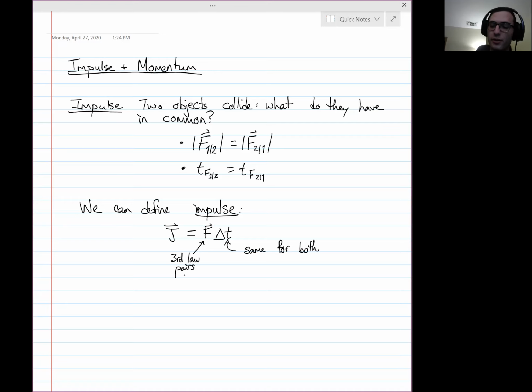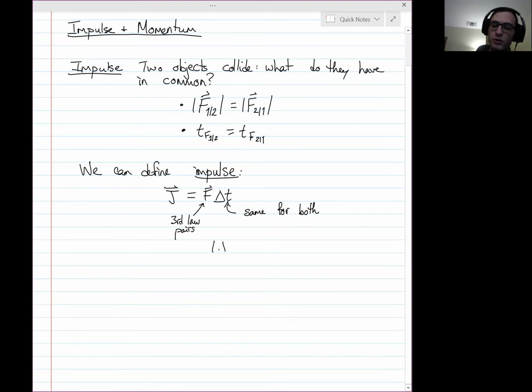So what does this imply? This implies that the magnitude of the impulse from 1 on 2 is equal to the magnitude of the impulse from 2 on 1.